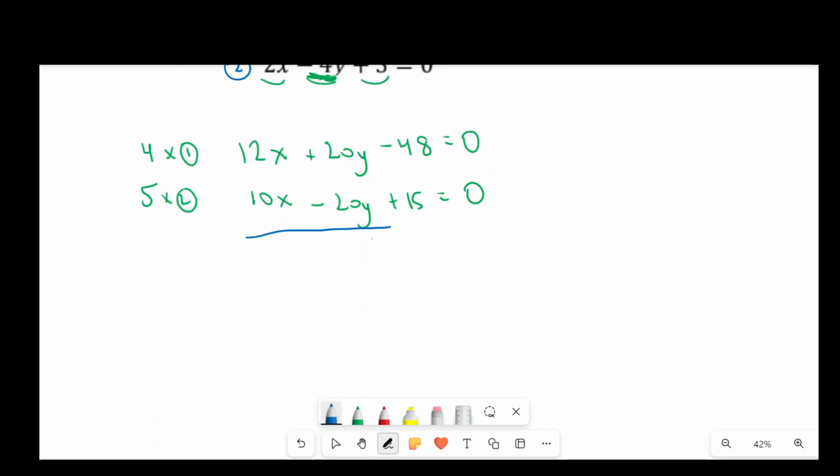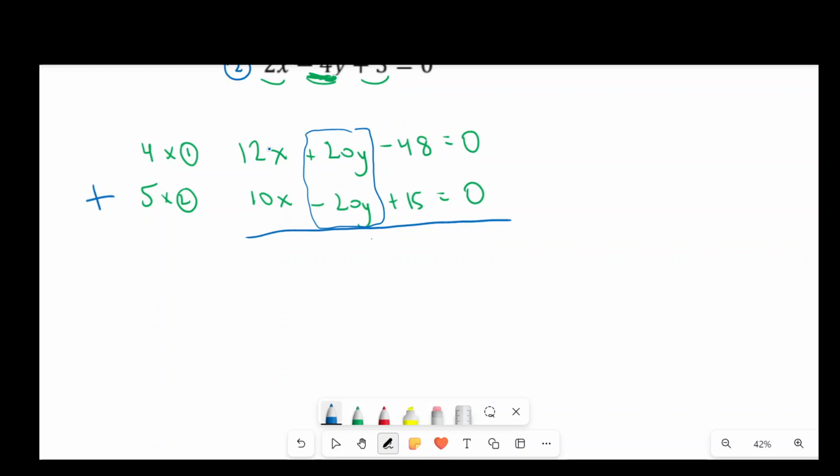And now what I can do is add these equations together. When I add them together, what happens with the y value is I have positive 20y plus negative 20y, which is 0, which means I'll have eliminated the y term. So what I really need to do is focus on what else happens in the equation.